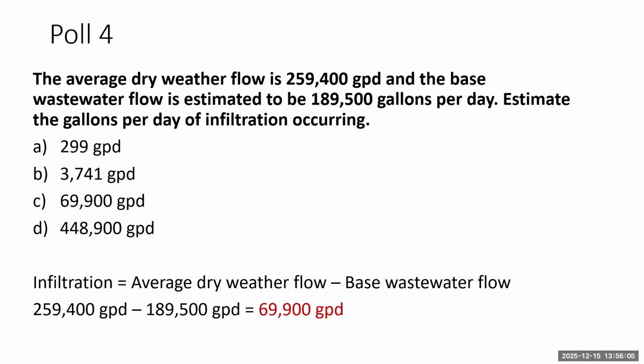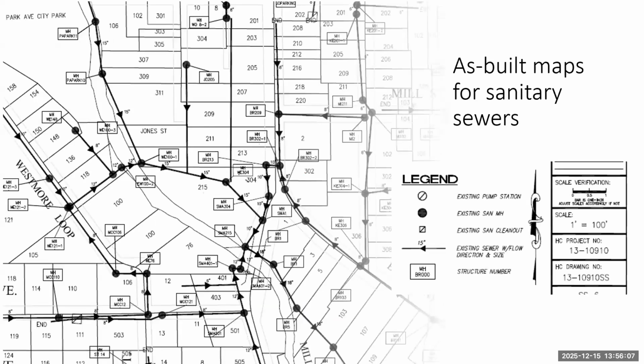Now, when we're going to conduct this kind of analysis, it's good to have a map of your sewer. An as-built map is good. This is an example of a map here. You can see what kinds of information is in a good sanitary sewer map. First of all, the size of the sewer and the direction of flow.